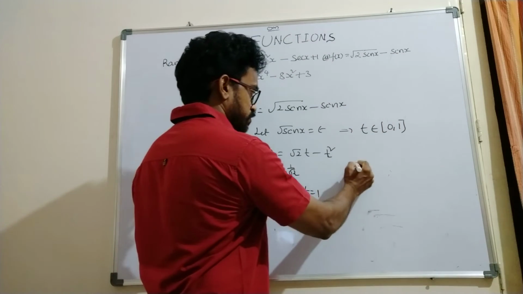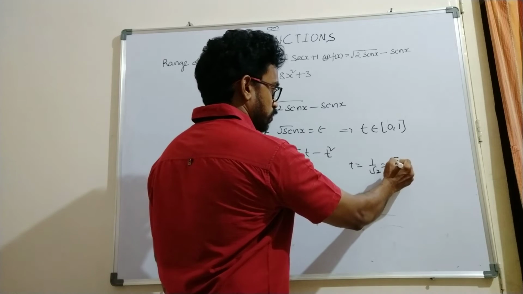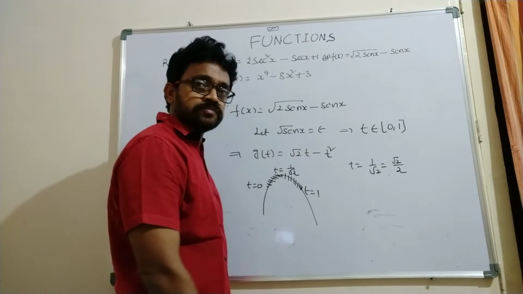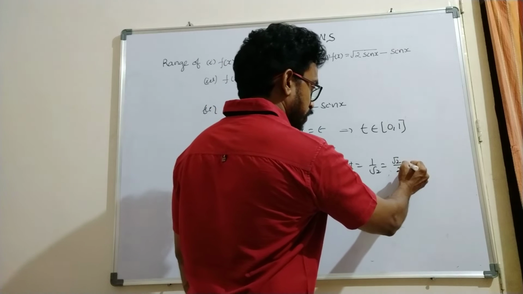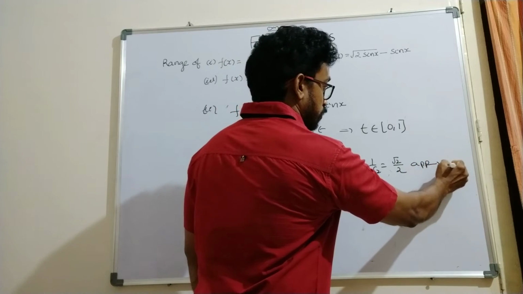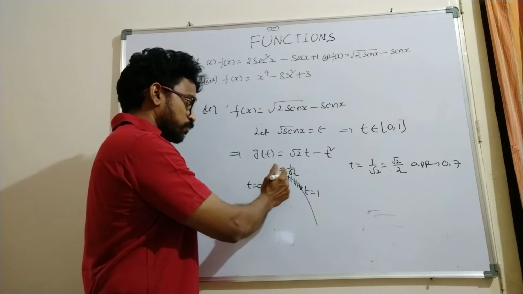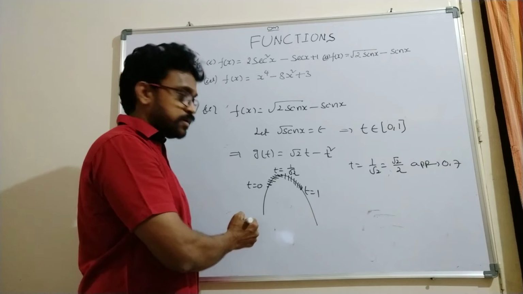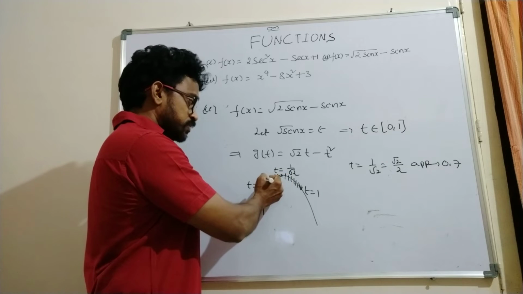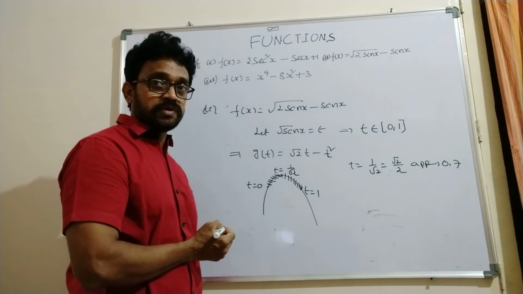That means here observed here t is equal to 1 by root 2, that is nothing but root 2 by 2. Root 2 by 2 value approximately 0.7. Observed here distance between 0 and 0.7, that is 0.7, and distance between 0.7 and 1, 0.3.